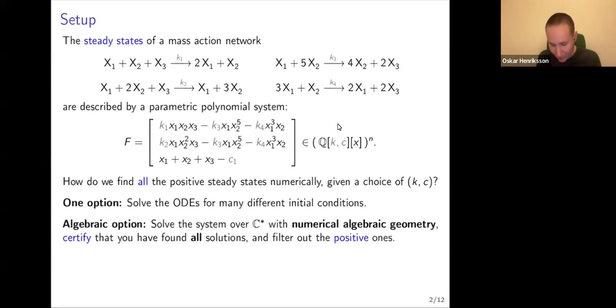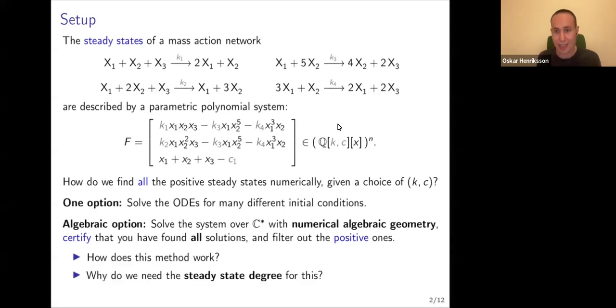And at the very end, you can filter out only the positive ones and thus answer our original question about positive steady states. Okay, that's the method I will try to describe today. And except for explaining how it works, I will also try to explain why the steady state degree that Elizabeth told us about is relevant for this story, and also something about why tropical geometry can be of help. Okay, that's the plan for the talk.